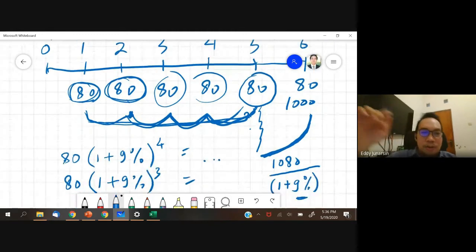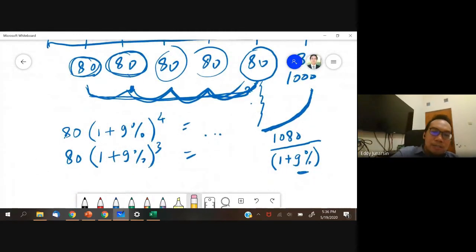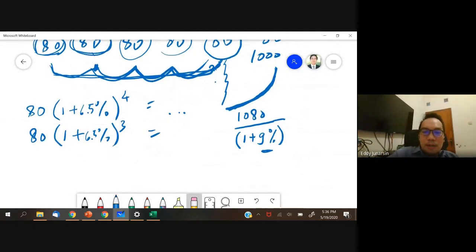Now your reinvestment rate is lower, not 8, but 6.5. And also when you try to sell the bond in year 5, actually you still have one more year, but you sell it at year 5, then the discount factor is 6.5% because it has been lower.